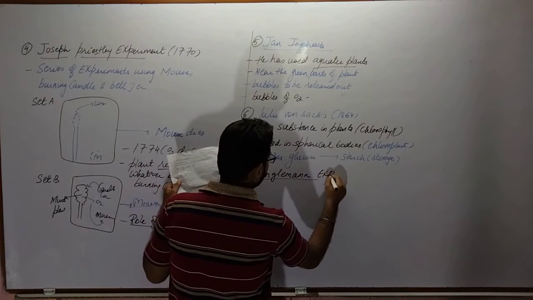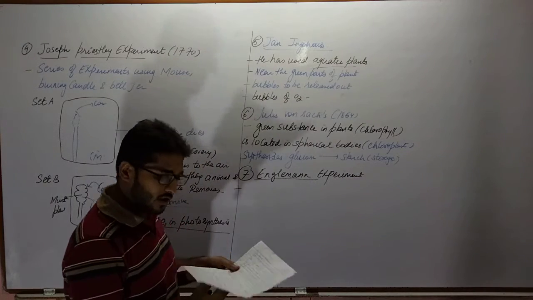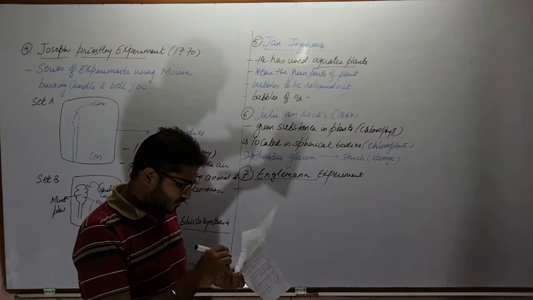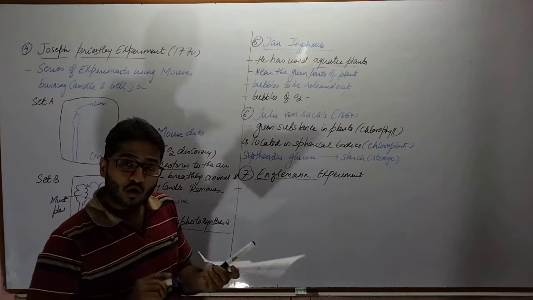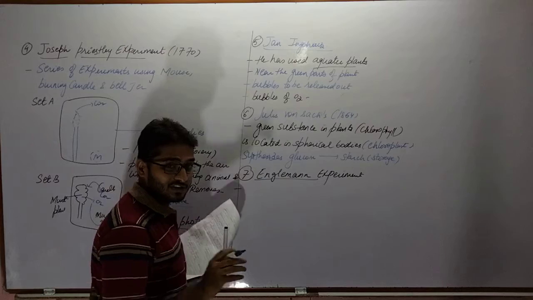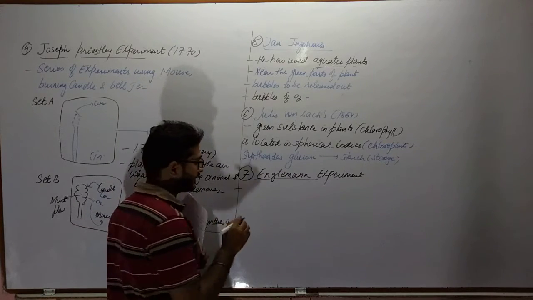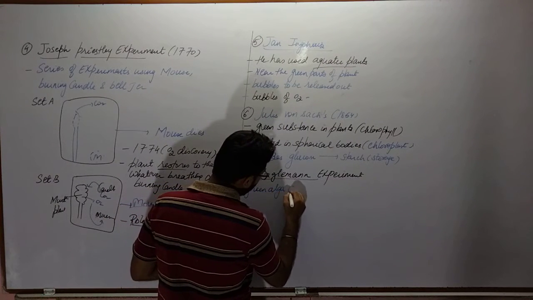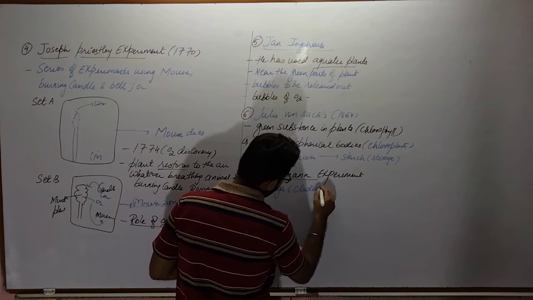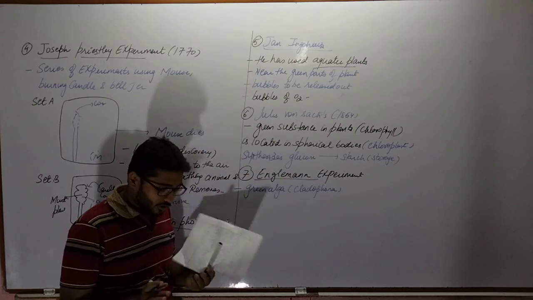In Engelmann's experiment, he used the green alga Cladophora. And one basic extra thing that he did is, along with the culture of this algal species, he used a culture of bacteria, basically aerobic bacteria. These experiments are very, very important.